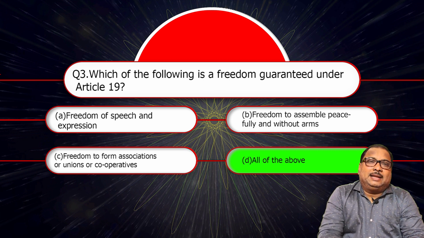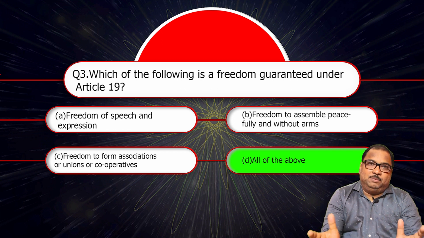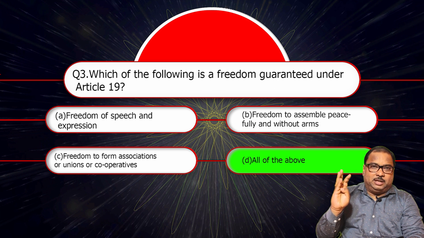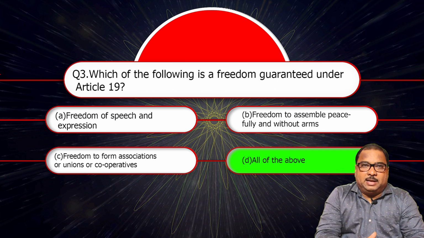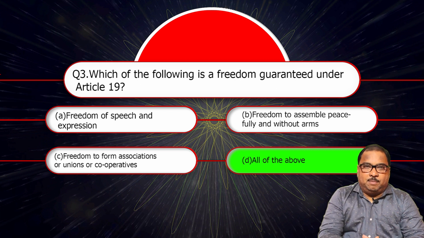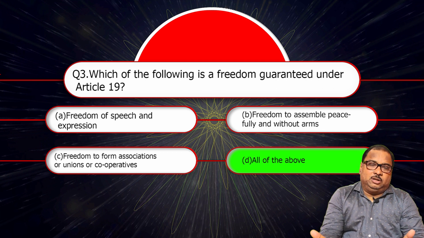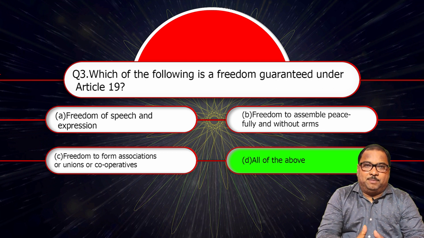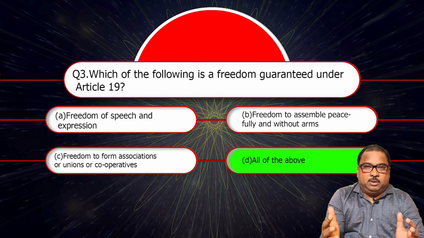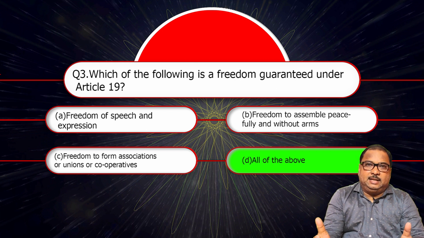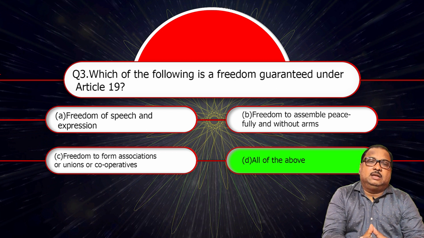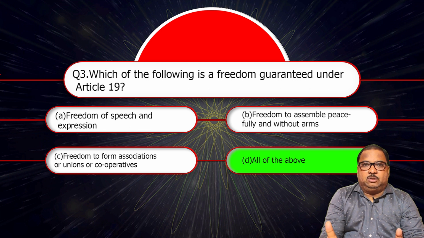Dear viewers, Article 19 guarantees us 6 freedoms, and the freedoms are: number 1, freedom of speech and expression; number 2, freedom of assembly peacefully without any arms; number 3, freedom to form association or union or cooperative societies; then freedom number 4, freedom to move anywhere throughout the territory of India without any restrictions; then freedom 5 is freedom to reside and settle in any part throughout the territory of India; and freedom number 6, freedom of taking up any profession, trade or industry in any part of the country throughout the territory of India.